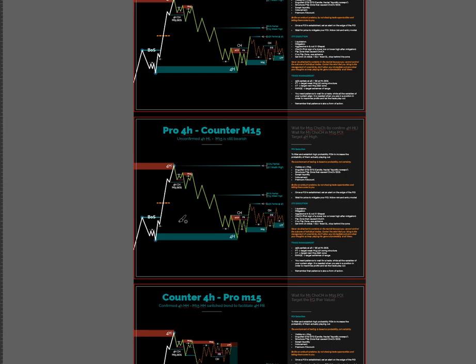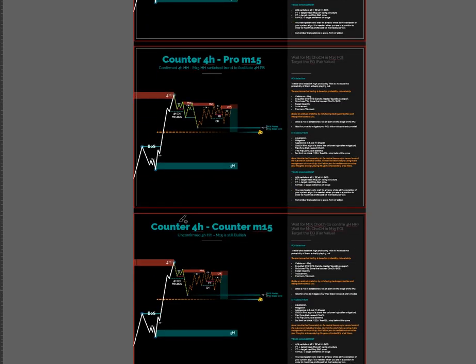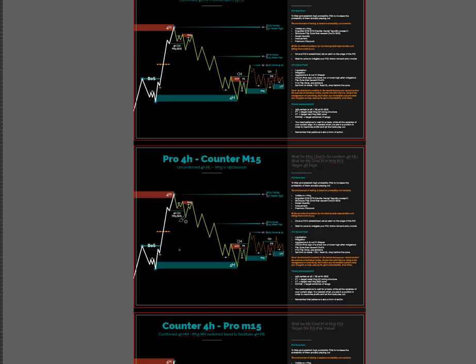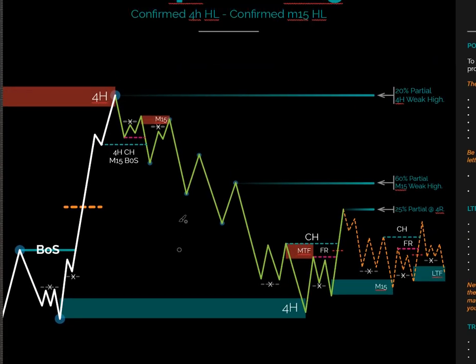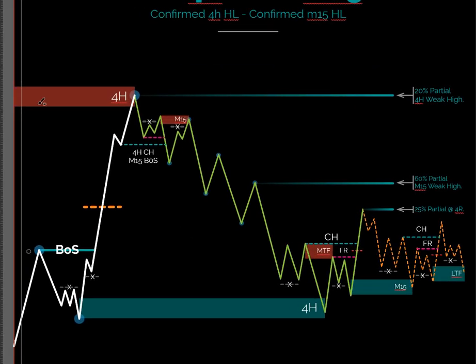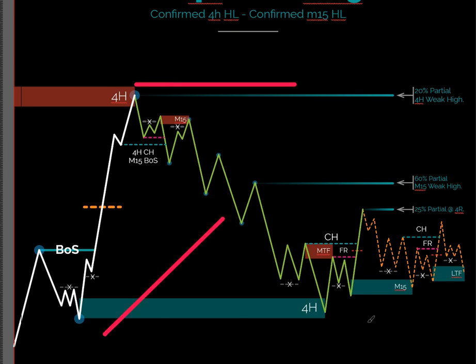It was the 4-hour and M15 that I was trading. Here it is. Just a quick summary again: 4-hour bullish. We were looking for the M15 to come into the 4-hour zone.